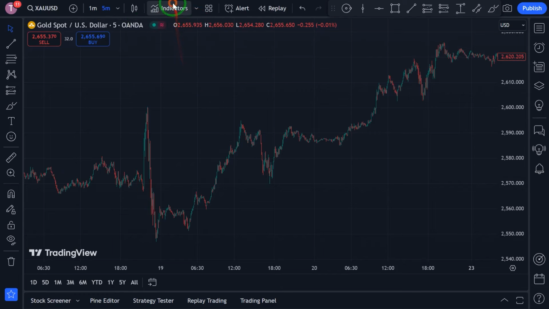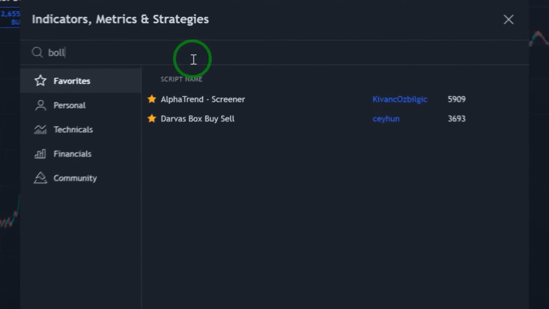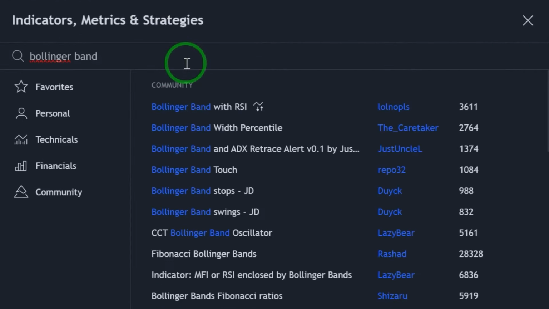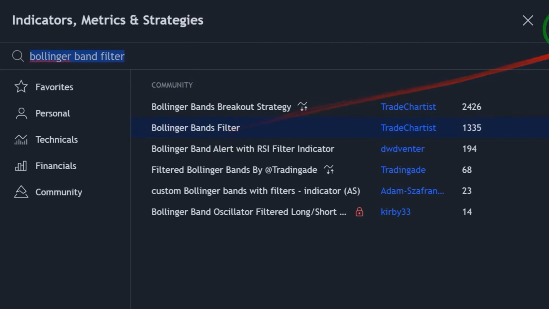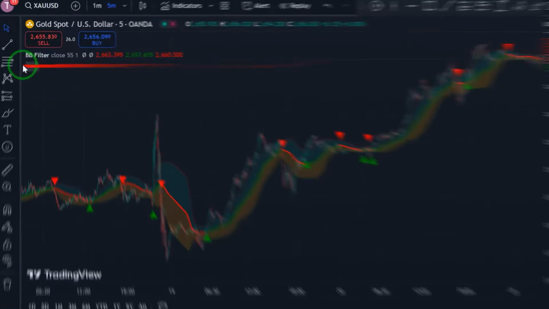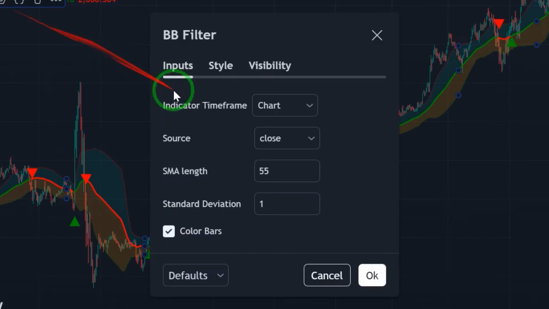Then go to the Indicators tab and add our first indicator to the chart. For this, just type Bollinger Bands filter in the search box. Once you find it, simply click on it to add it to your chart. Now, after seeing it on the chart, we need to go into its settings and make the changes you see.